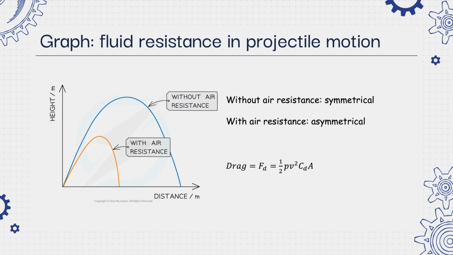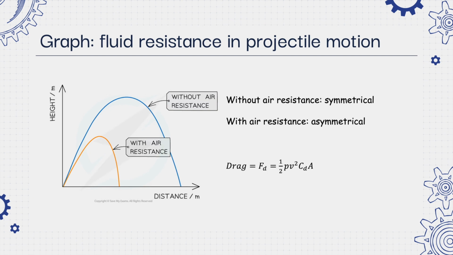With resistance though, you can see the maximum height is smaller. Here it's like half of it. I'm not too sure if it's actually half, but still it's a reduced height. And also the range is reduced, and you can see it's asymmetrical. So it takes much more time to go up than to go down.